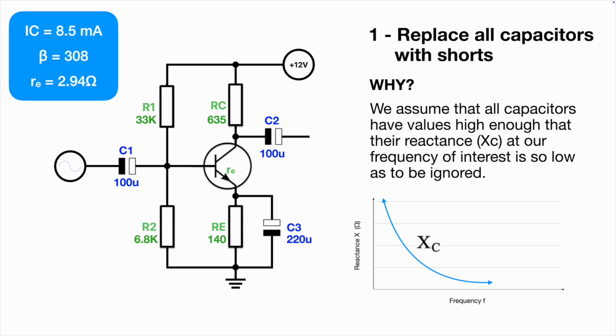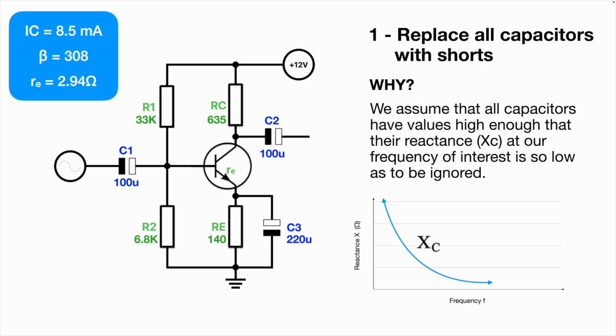Now, if you're not sure about what reactance and impedance are, then you perhaps just need to pause this video and go and watch the one that I did on what is impedance, because I go into all of this in much more detail there. So I'm going to assume that you know about that. And the truth is that reactance is kind of like a frequency sensitive resistance, in inverted commas. It's not a resistance, but it behaves like one depending on the frequency of the signal that it encounters.